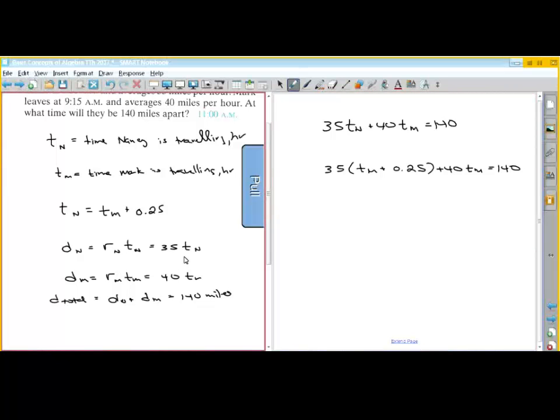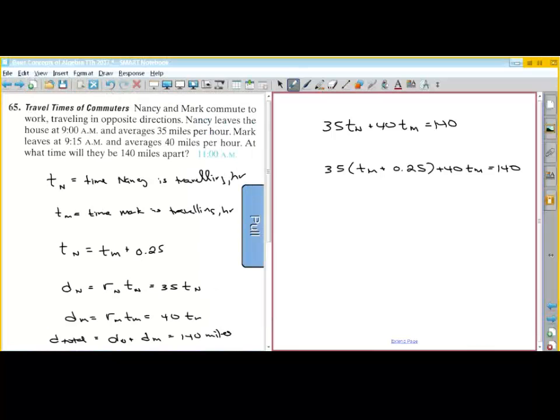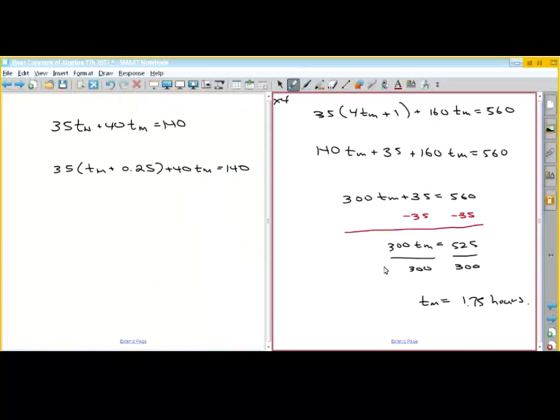We were able to use the given rates to write the distances traveled as rate times time. And we said the total distance was the sum of the two distances. As a result, we were able to come up with a single equation and a single unknown, and then we were able to solve for it.